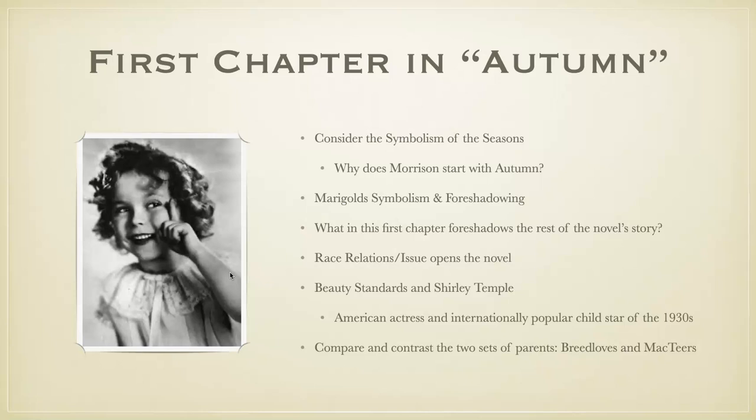We want to think about the seasons and the symbolism of the seasons and how often the seasons parallel the life cycle of humans. So we've got spring, which is birth and rebirth. We've got summer, which is youth and vitality and vibrance.